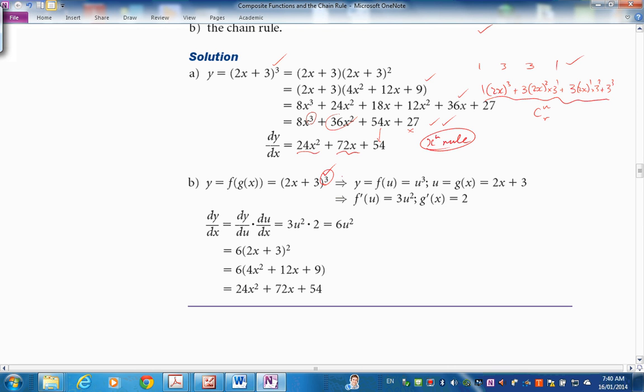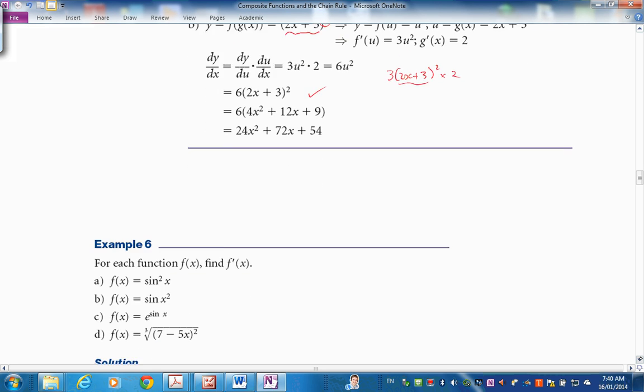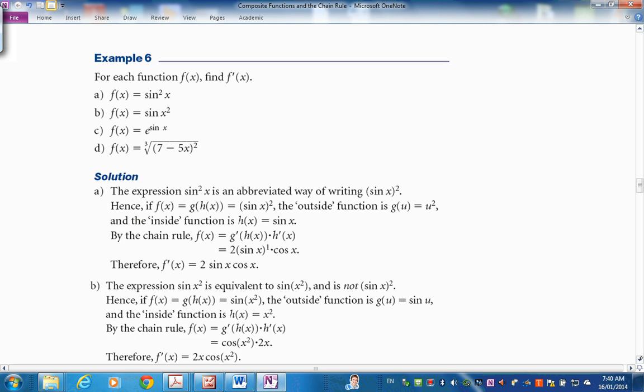You've got a cube, so the derivative will be 3 by 2x plus 3 to the 2 times the derivative of what's in here, which is 2, giving us this one here. Okay, much easier, isn't it, once you've spotted that it's a function of a function. First function is the cube done on 2x plus 3. Composition of functions.